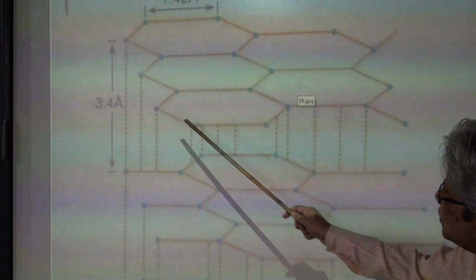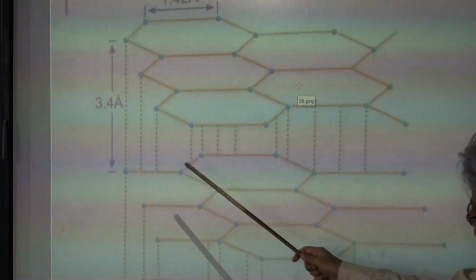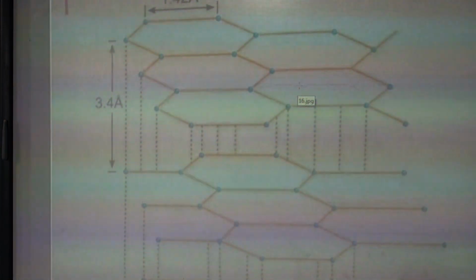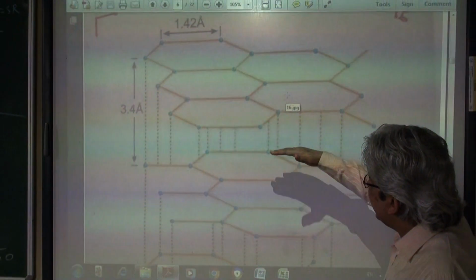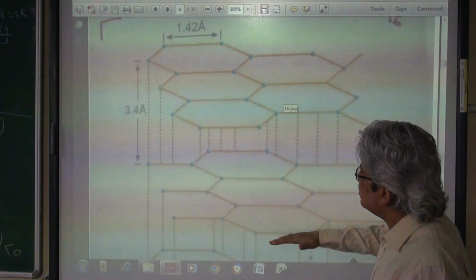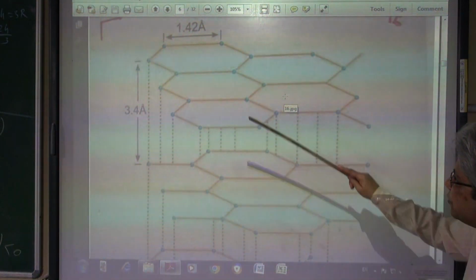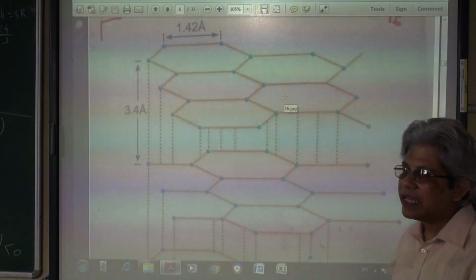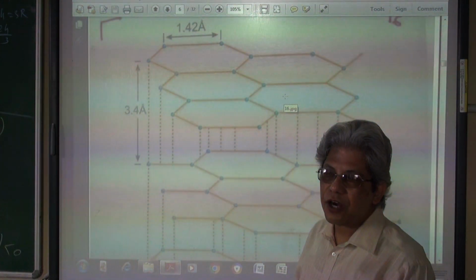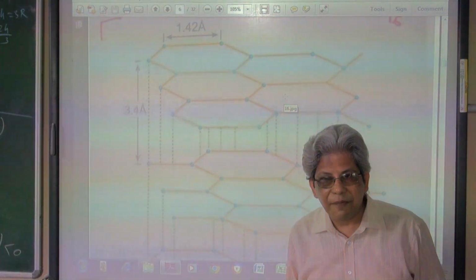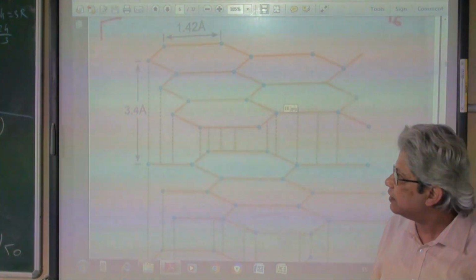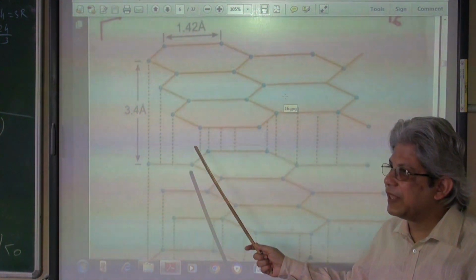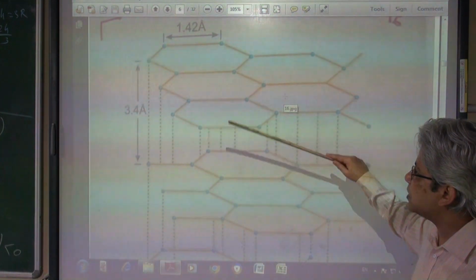So this forms one layer, next another layer, next another layer. So layer by layer they form the structure. And between two layers, yes, those vertically placed pure p orbitals are overlapping with each other, and electrons are there to bind those layers.